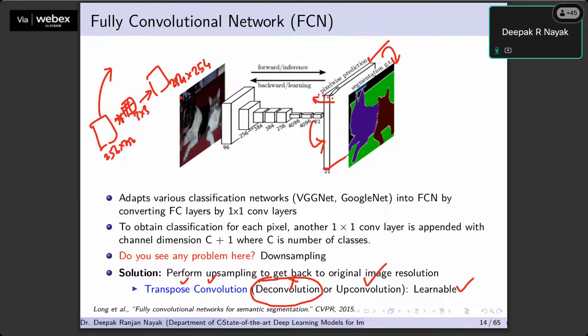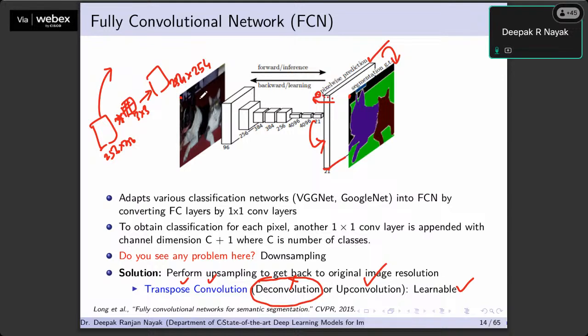And you are checking the maximum out of them. Let's say the first pixel belongs to the background. So the probability value of this pixel with respect to the last channel, the 21st channel, is going to be high. Based on that, you can provide a color coding saying that yes, this is a background.